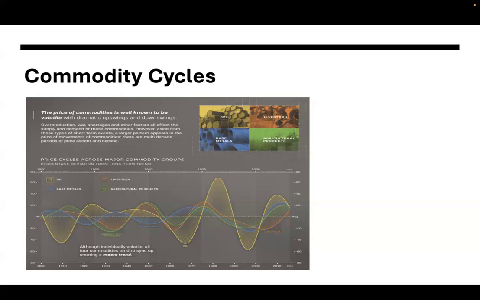So understanding how commodity pricing works is important to understand how it affects the earnings of the companies, or how it affects your livelihood. Here, what we see globally is that commodities go through a cycle.